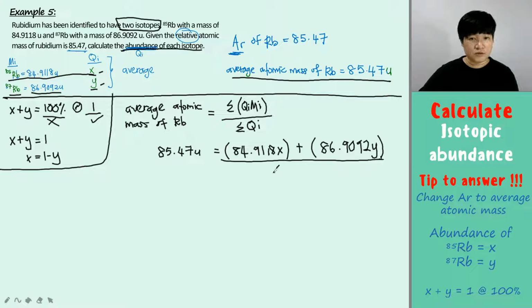Isotope abundance total is your X plus Y. And guys, we know that we have decided our X plus Y equals 1. So X plus Y over here will actually equal 1. And to solve this mathematics of X and Y, we need to make it into the same unknown. Therefore, I'm going to substitute X equals 1 minus Y into this X, okay?